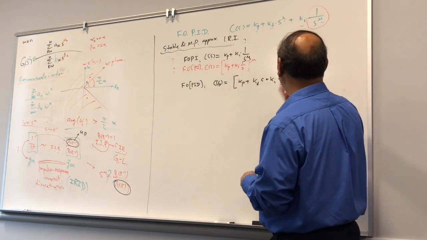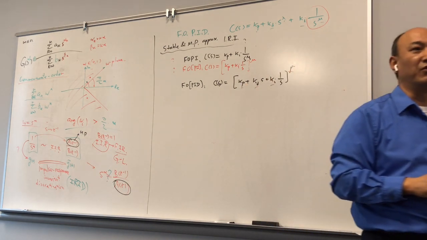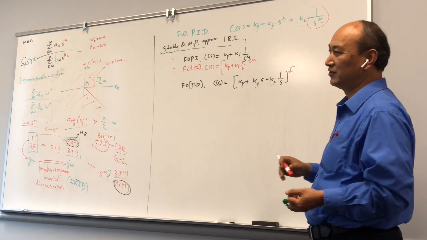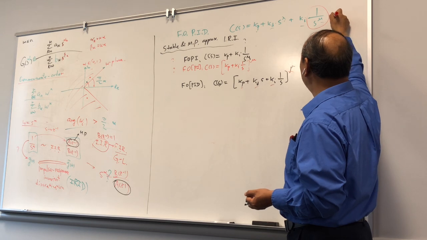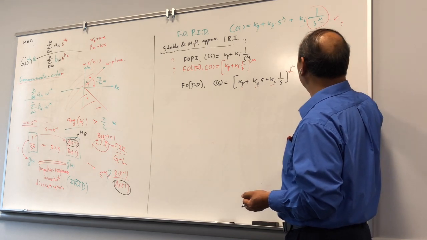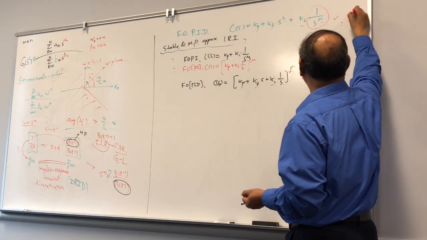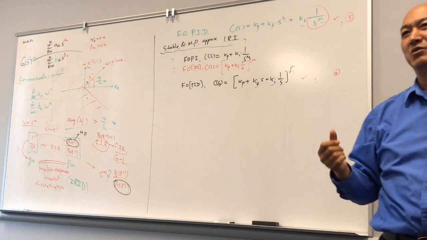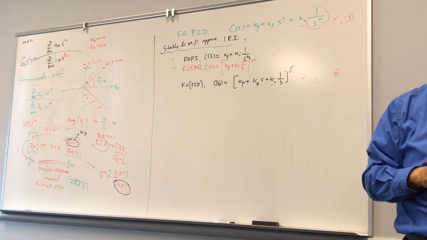I only have 4: 1, 2, 3, 4. My question is, can you prove or disprove that this is better than this? This is 4 parameters, this is 5, remember. If you say, I use 4 tuning knobs and can do a better job than 5 tuning knobs, that would be wonderful, isn't it?